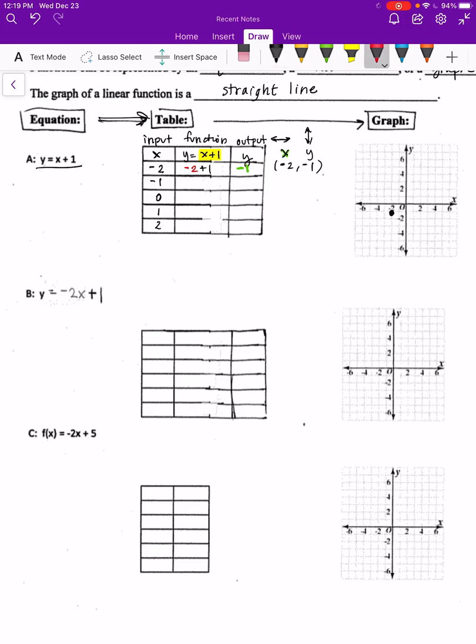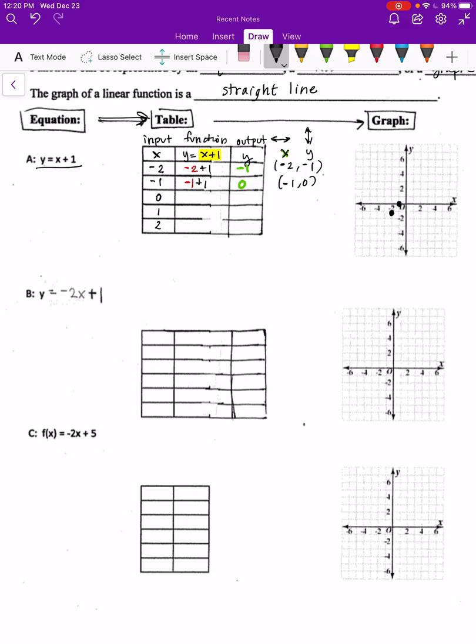So I'm going to plug in -1 plus 1. -1 plus 1 is 0. So my point is actually -1, 0. So at -1, 0, go left to -1, and then at 0 right here, you place a dot. Okay.